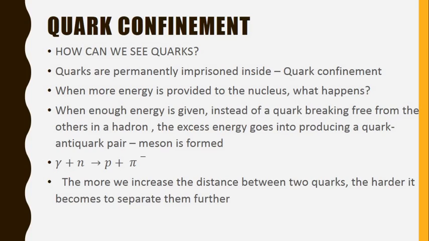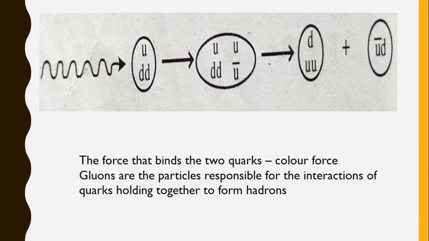What happens is that I am not getting any sign of free quarks, but a quark-antiquark pair is formed. That means a meson is formed. So you can see that this is the picture.